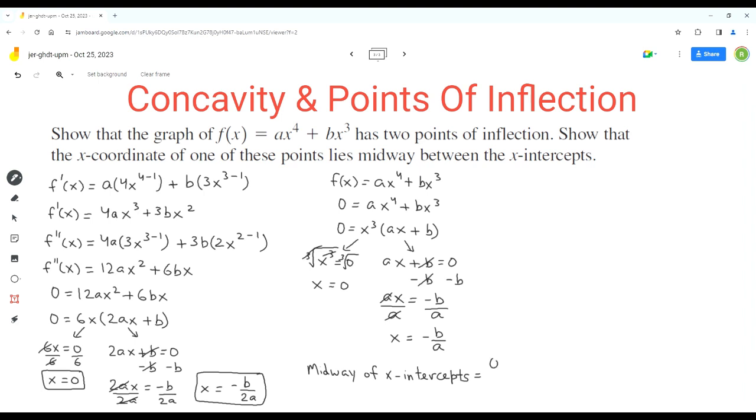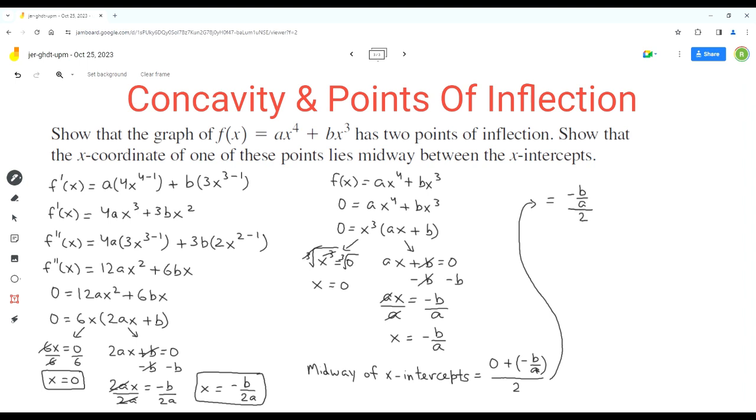So we do 0 plus negative b over a, over 2. Now we can simplify this expression. So in the numerator, 0 plus negative b over a will just be negative b over a, over 2.